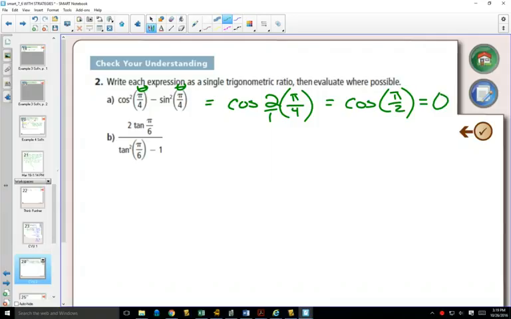Now, if this question said evaluate, and it didn't say first write as a single trig ratio, you could have evaluated this one right from the beginning, because pi over 4 is on your pi plate. And cos of pi over 4 is root 2 over 2. So cos of pi over 4 squared will be root 2 over 2 squared, which would be 2 over 4.